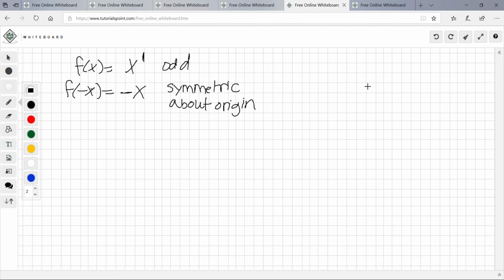So let me graph it. We know that this is just a regular linear equation with no y-intercept, so it's going to look something like this. It's going to start at 0 because it has no y-intercept, and it's just going to go up 1, rise 1, up 1, rise 1. So eventually it will look like this.